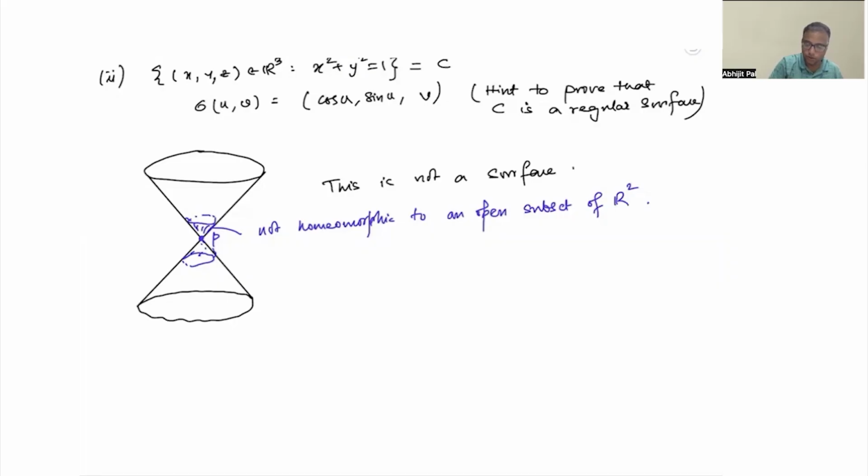Okay, so why is it not homeomorphic to an open subset of R2?